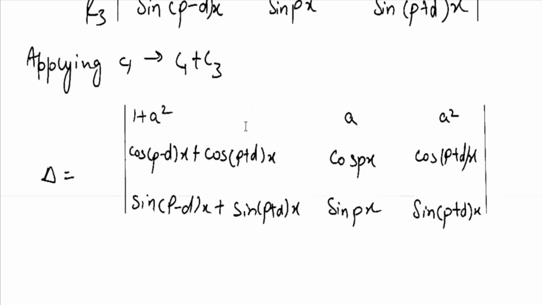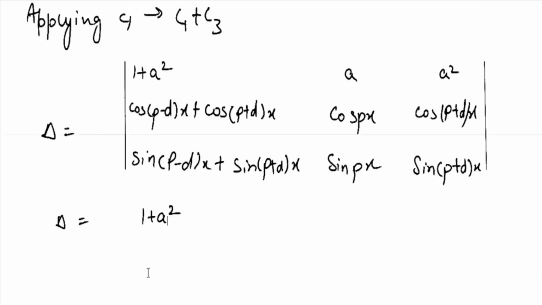Now what we'll do is add these two. From that, we get delta: 1 plus a square, and 2 cos px cos dx, and here 2 sin px cos dx.